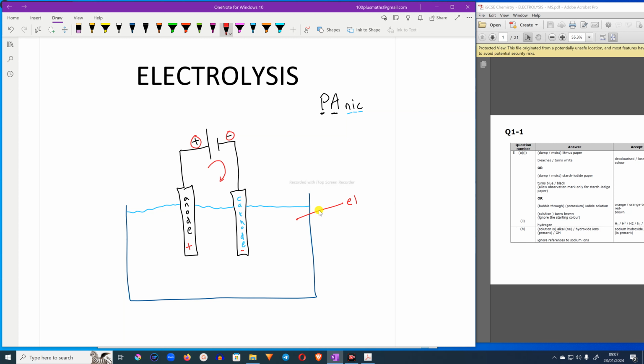Let's spell that, electrolyte. So this is the solution that's going to undergo the change. So this is the solution where the change is going to happen.